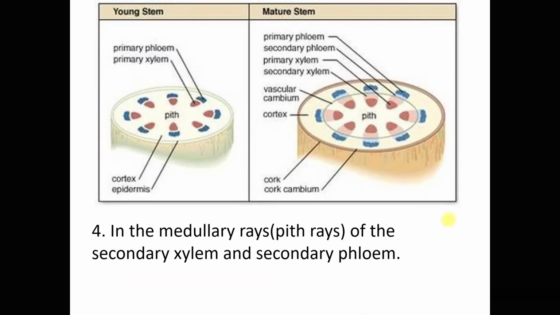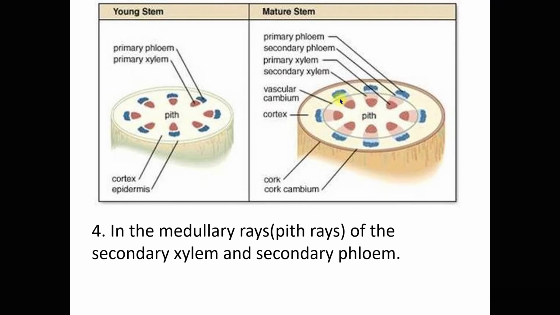Now other locations where these parenchyma cells can be found is in the medullary rays or pith rays. This is the pith rays. These are all the pith rays or medullary rays, medullary rays of the secondary xylem and secondary phloem. Now you recall back, this is the primary xylem.